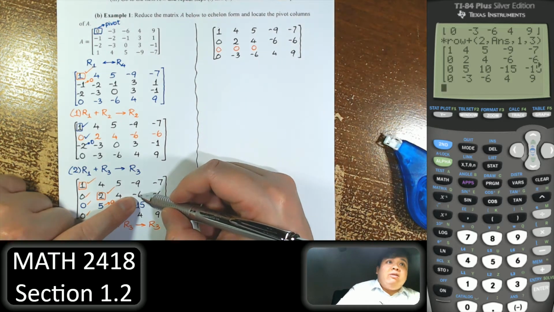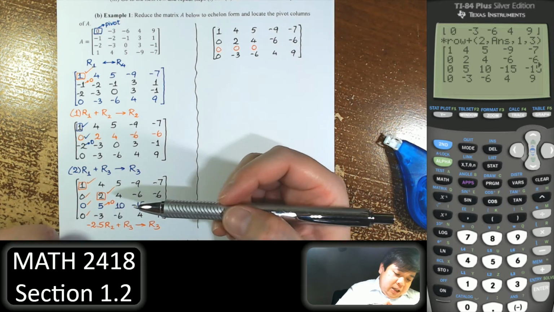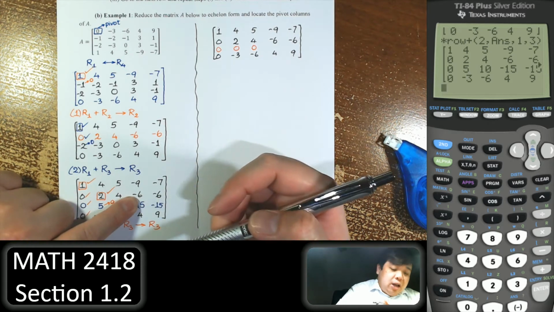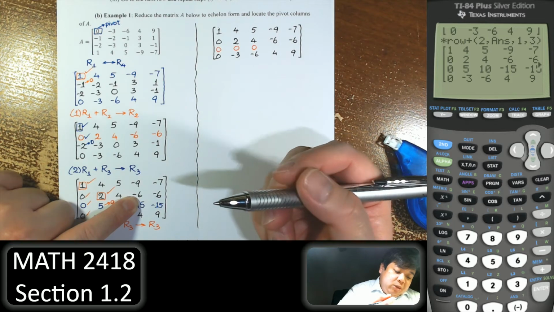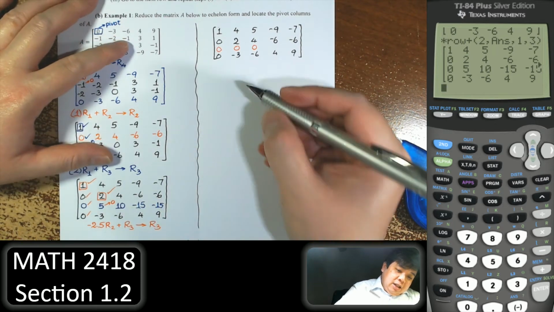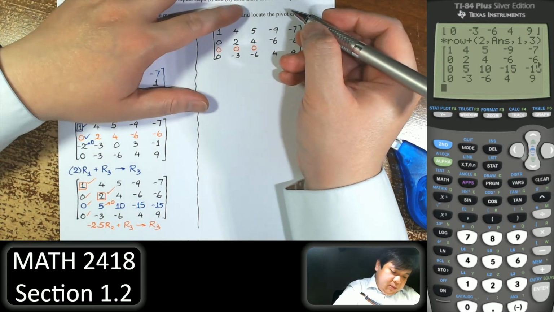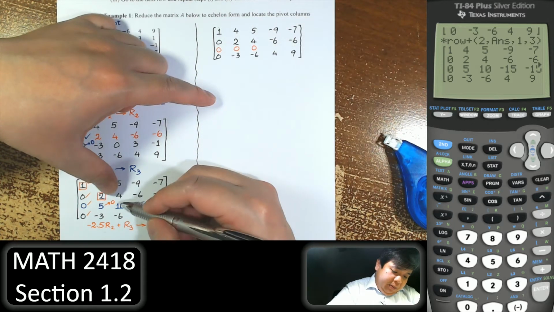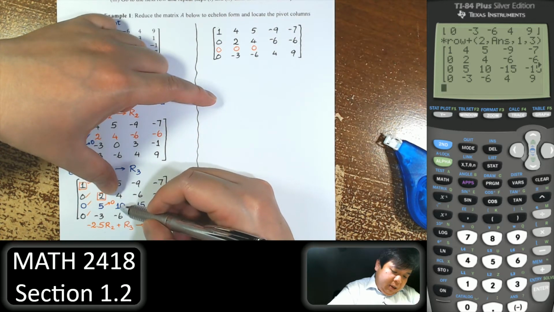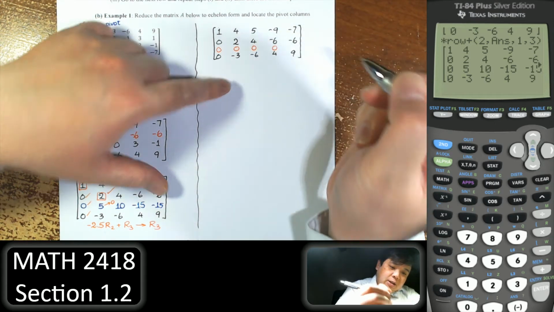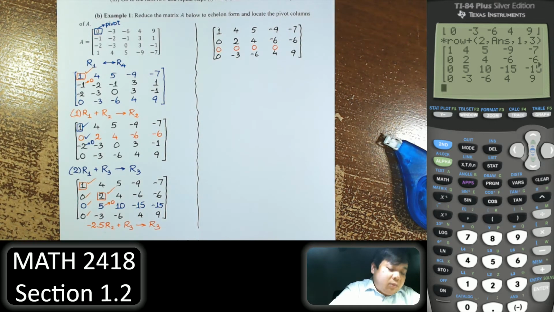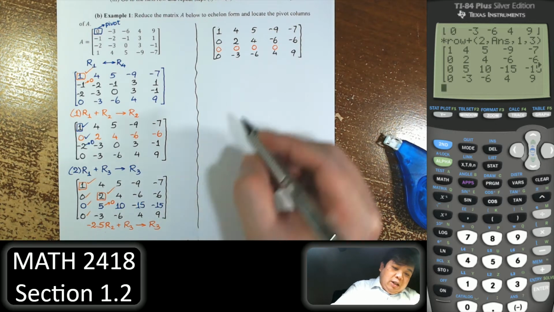Negative 2.5 times negative 6, that would be 15, and so that would be 0. And negative 2.5 times negative 6 is also 15, and that will be 0.